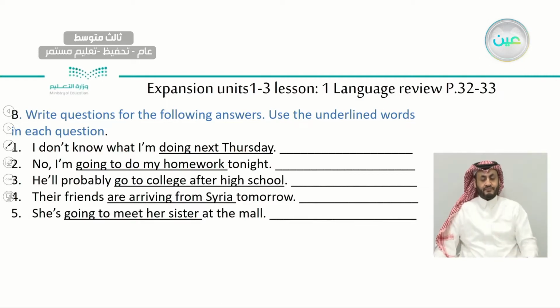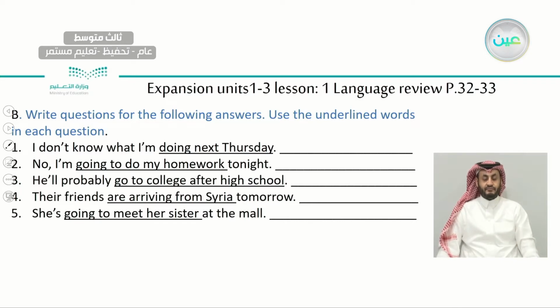So I will replace it and use this one: doing next Thursday. So what should I say? What? Excellent. I start with what are you, because here the answer is I am. So what are you doing next Thursday? Question mark. I don't know what I'm doing next Thursday. So the answer is I don't know, okay?